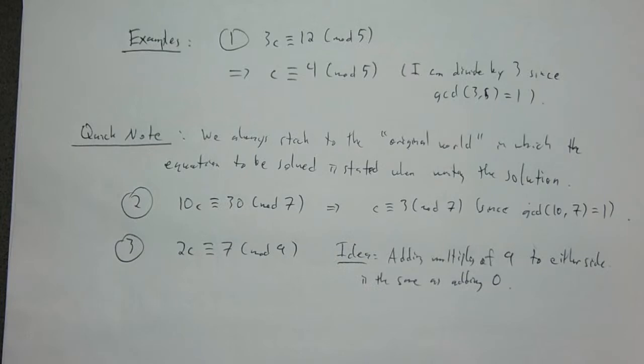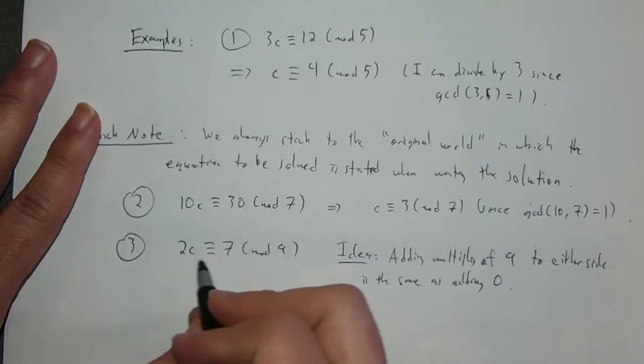When dealing with equations, we come up with creative ways to add 0, like adding a minus a to both sides, which is a typical algebraic trick. Here, another way of doing that is that any multiple of 9 I add is like adding 0. So it's like I did nothing here.